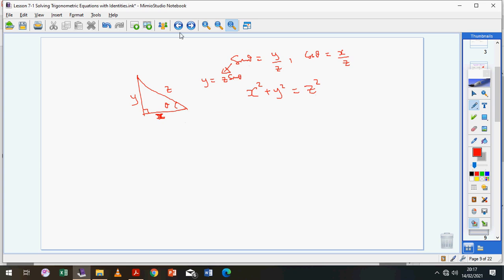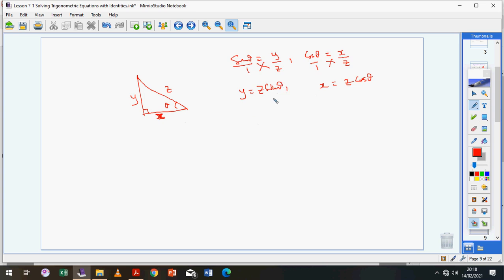Let me do that slowly because it's important that you understand the beginnings before we get into the deeper applications of these identities. So this is over 1. I'm going to cross multiply. Y is equal to z sine of theta. Cross multiply this one too. X is equal to z cosine theta.